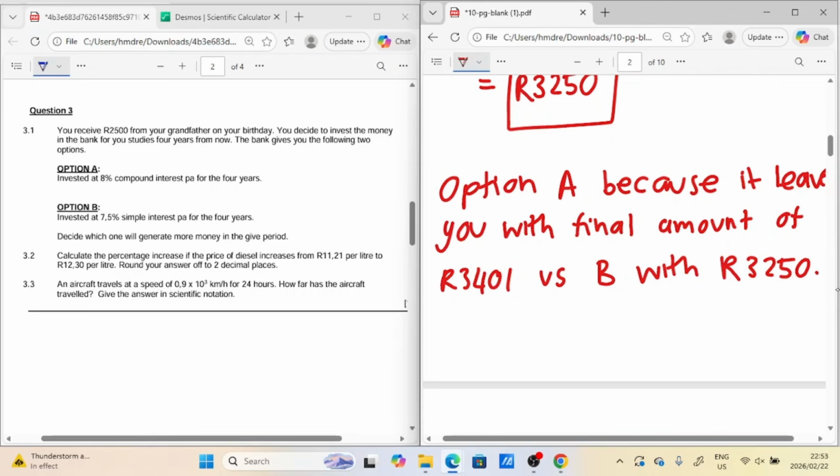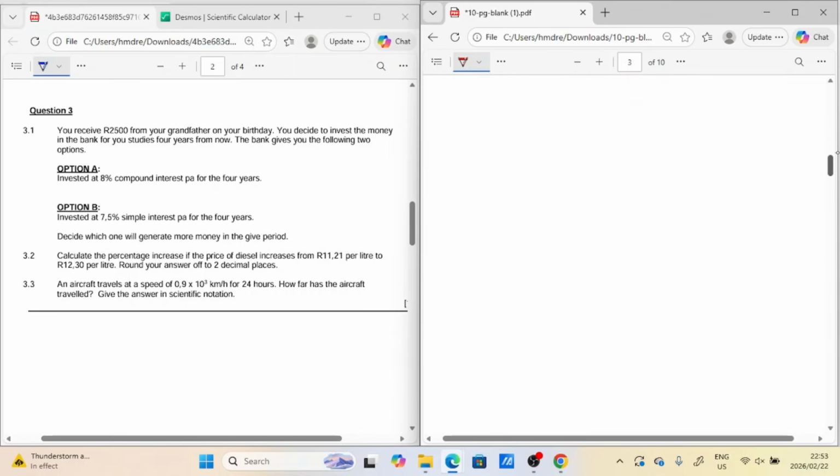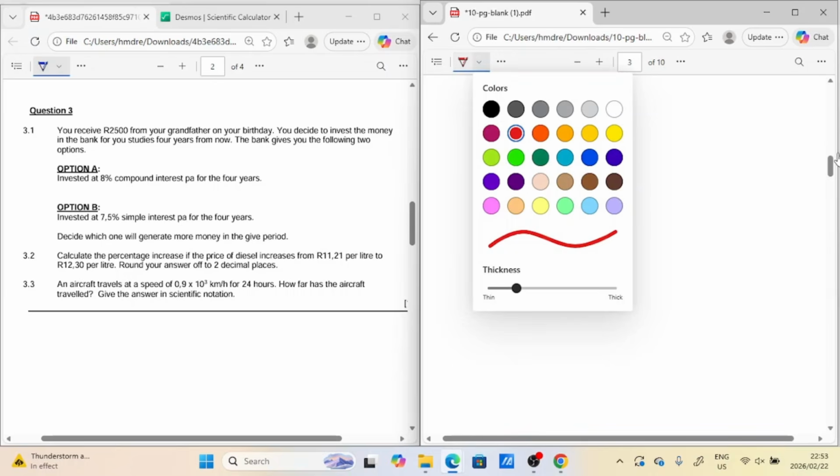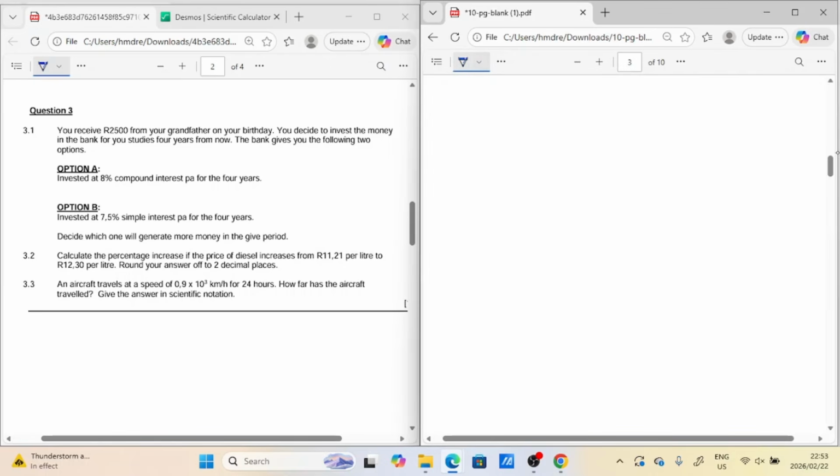Okay, then let's look at question 3.2. Calculate the percentage increase if the price of diesel increases from 11 Rand 21 to 12 Rand 30. Round your answer off to 2 decimal places.